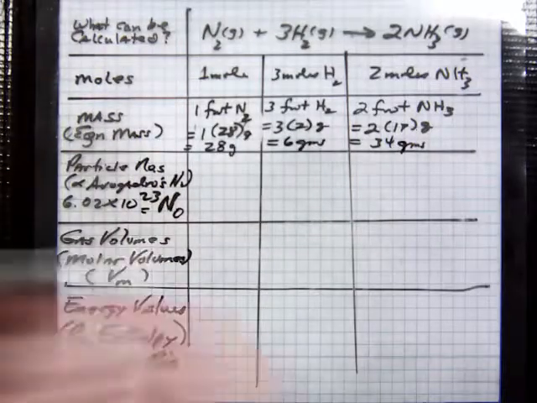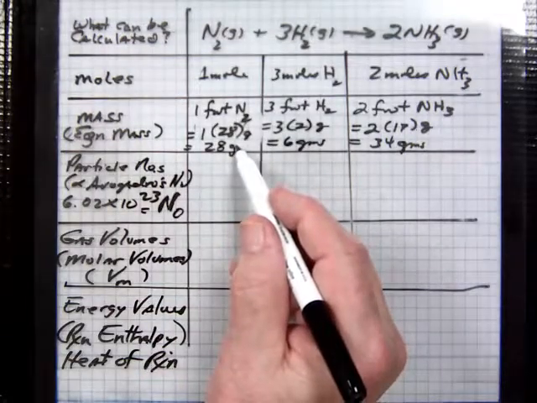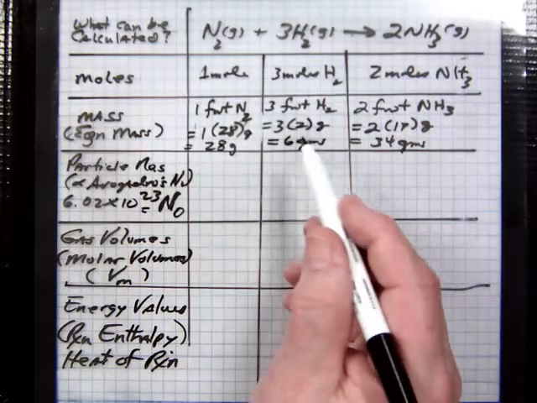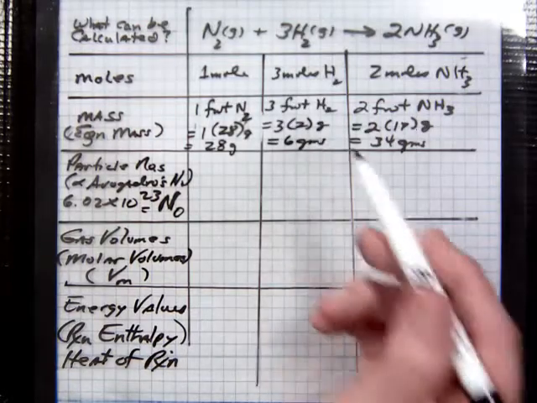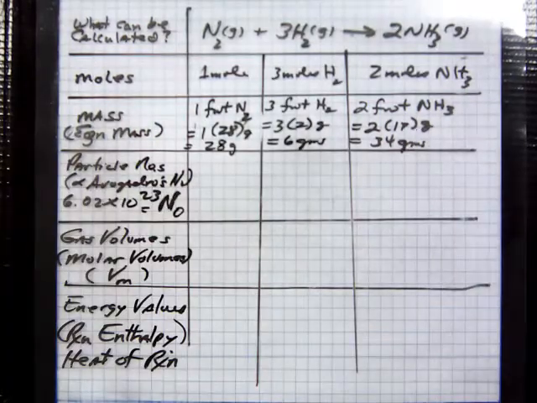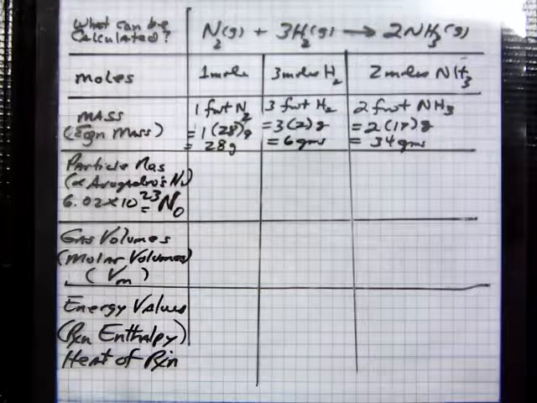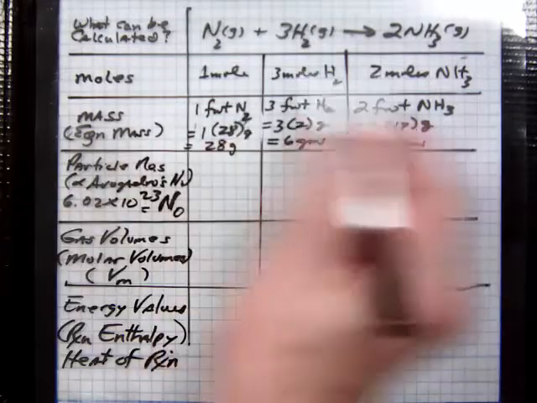So 28 grams of nitrogen requires 6 grams of molecular hydrogen to produce 34 grams of ammonia. Well, that's true. Some people may be able to deal with it, but it's a lot easier up here.